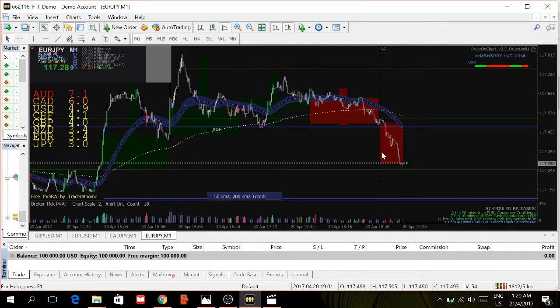What I want to talk about is that you have PVSRA candles. What PVSRA does for us is that it colors in red when you have a very strong move with relatively high volume. Here, this broker tick volume talks about the volume.